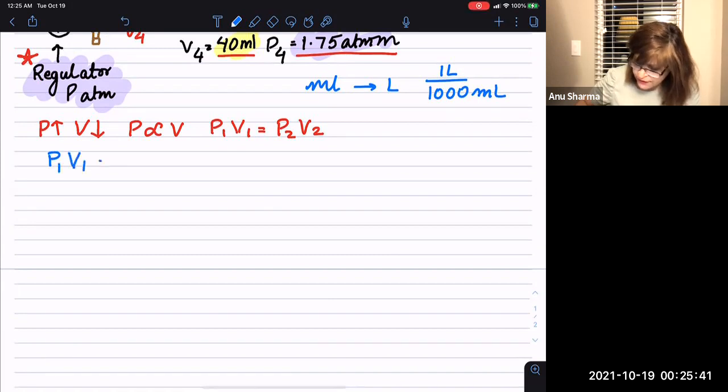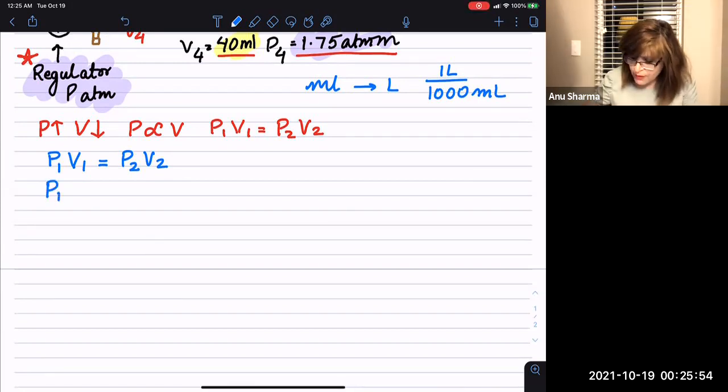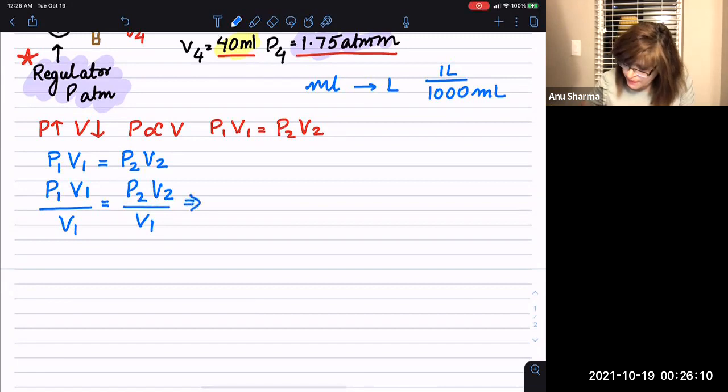Now I'm going to do a simple algebraic conversion, just as a review. P1 V1 is equal to P2 V2. If we want to find the value for P1, we want to get rid of V1, so V1 over V1 cancels out, and you get P1 is equal to P2 V2 over V1.